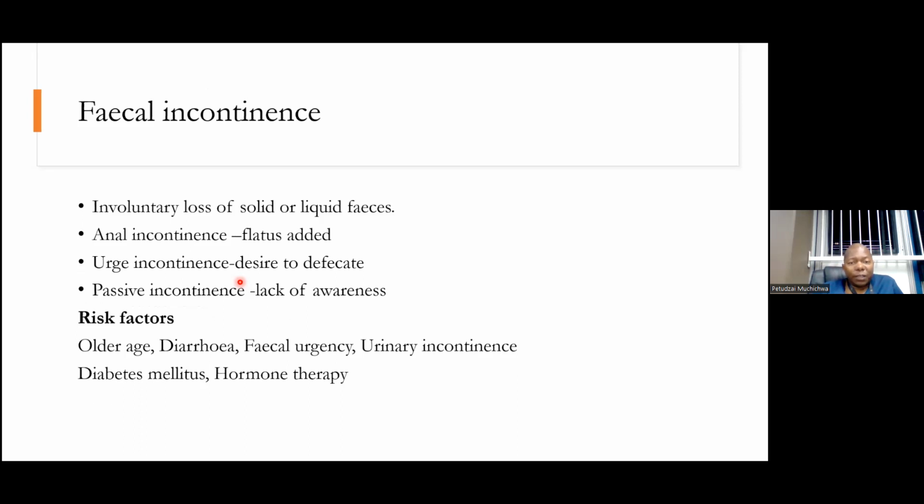Moving on to fecal incontinence. Usually we define this as involuntary loss of solids and liquids, liquid feces. To differentiate between fecal and anal incontinence, anal incontinence is when we have both solid or liquid incontinence plus flatus incontinence.